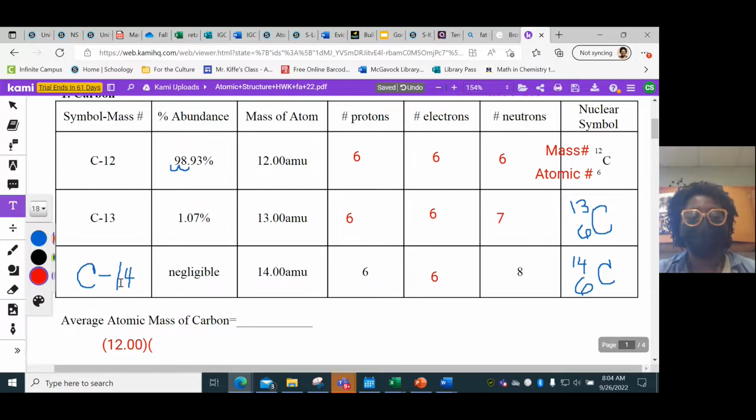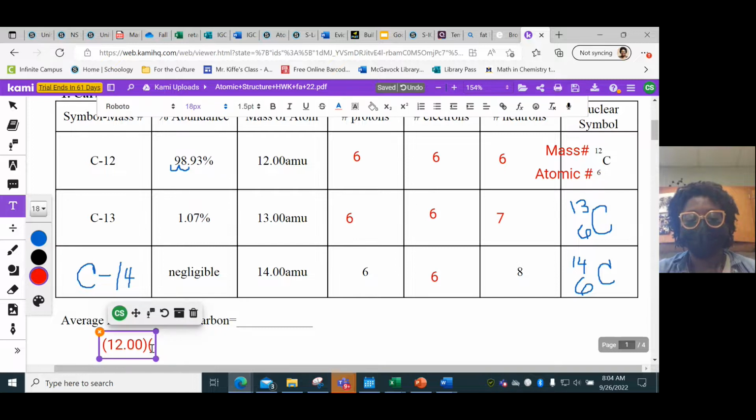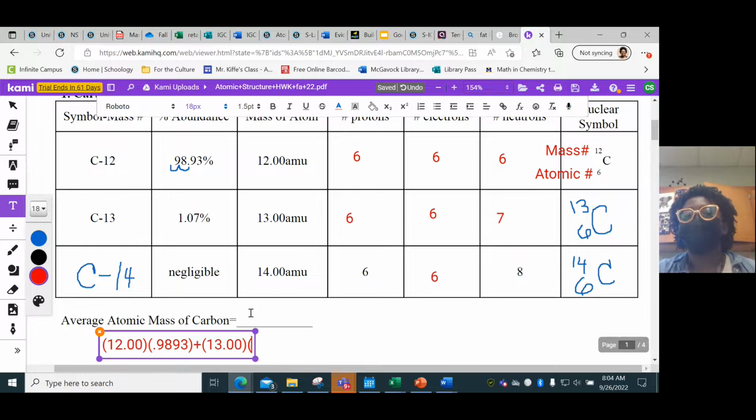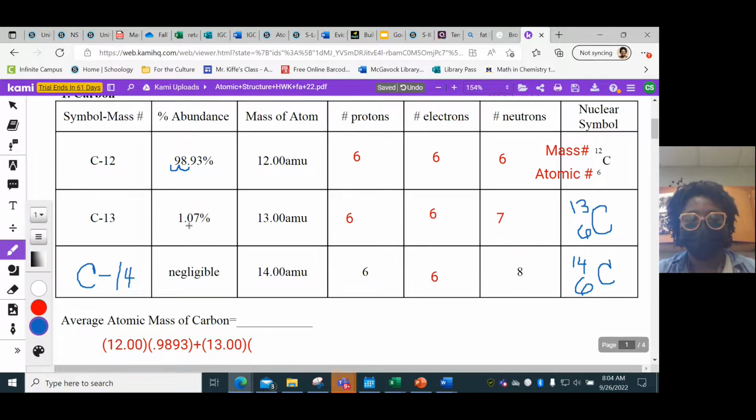So your decimal is now 0.9893. You're going to add that to the next part. What is the next mass? Good. What is the abundance of that one? 0.0107. Does everybody see how we got that?